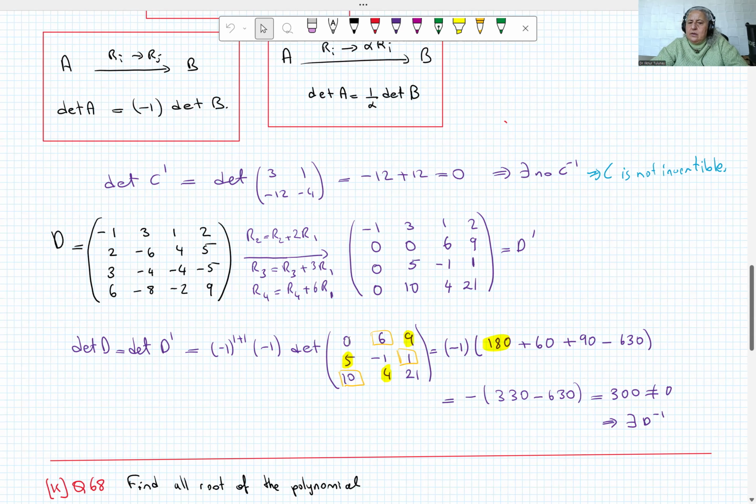Okay, we can use the quick way of calculating this 3 by 3 matrix, which is the main diagonal, 0 times minus 1 times 21. And then you have 5 times, so that will be 0. 5 times 4 times 9, that is the symmetric positions with respect to the main diagonal. So that will give me the 180.